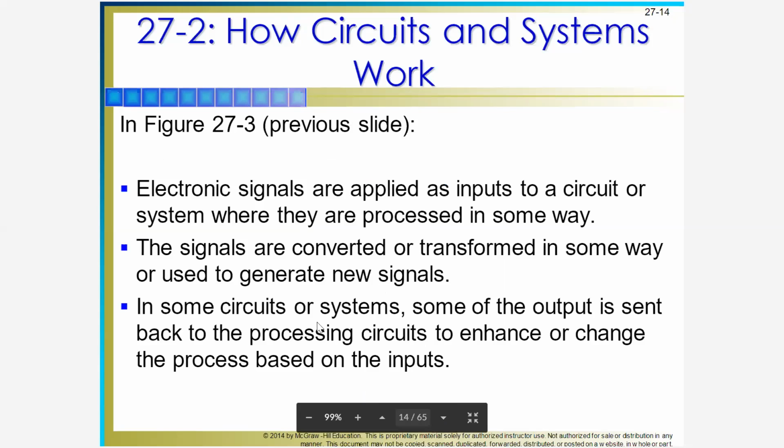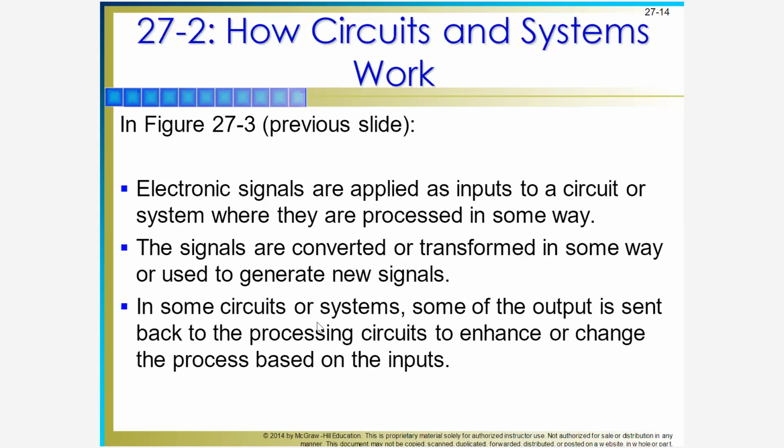Electronic signals are applied as input to a circuit or a system where they are processed in some way. Okay, we have signal. Signal starts with the input. The signals are converted or transferred in some way or used to generate new signals. In some circuits or systems, some of the output is sent back to the processing circuit to enhance or change the process based on the input.